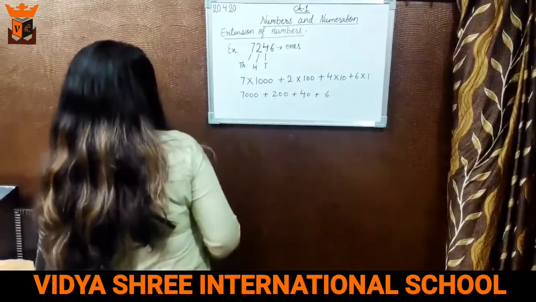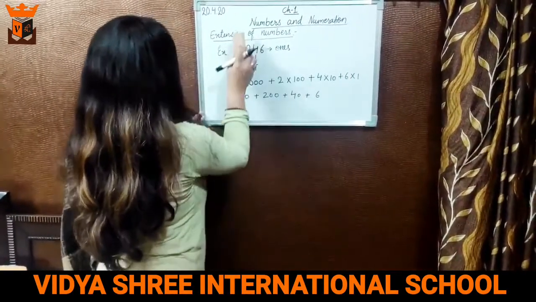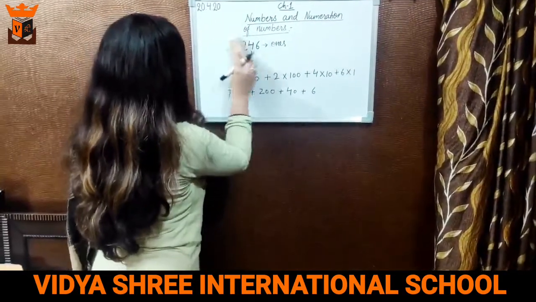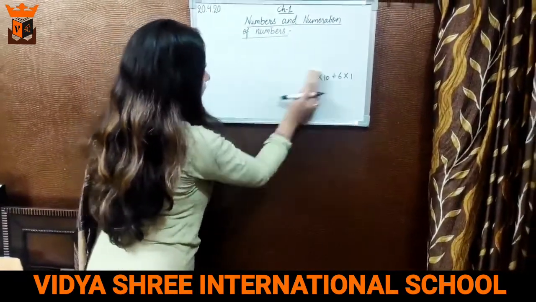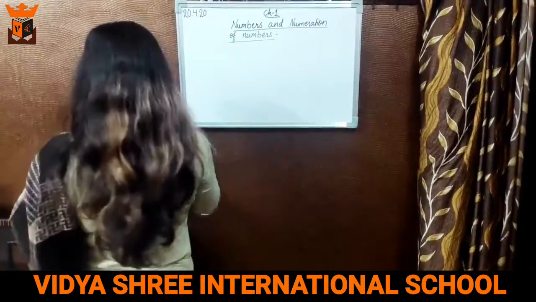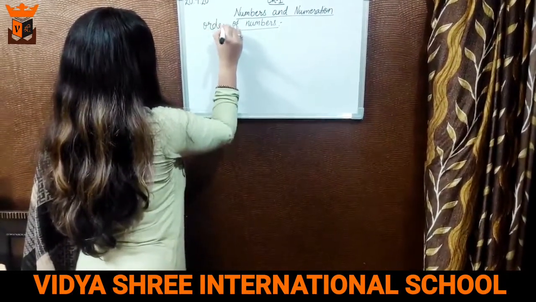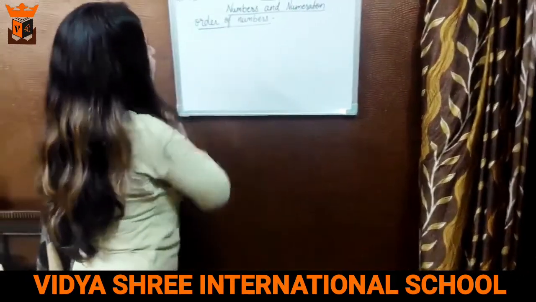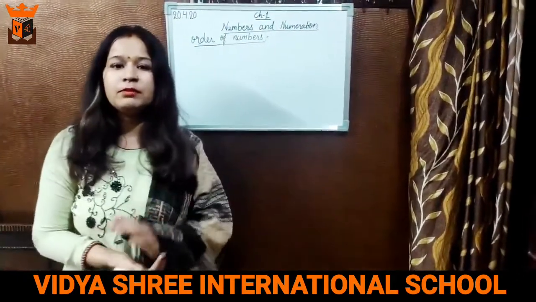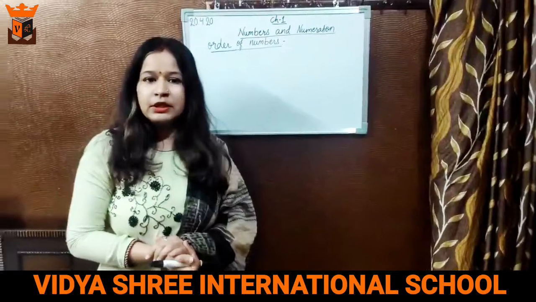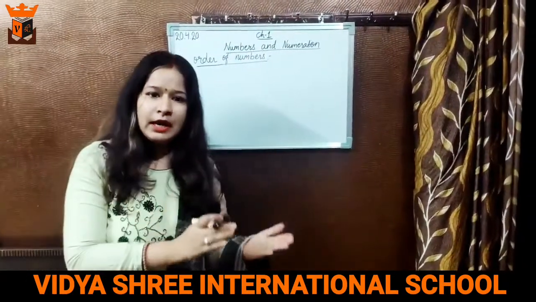Our second topic is order of numbers. What do we have to learn in order of numbers? We have to learn which number comes first and which number comes last.